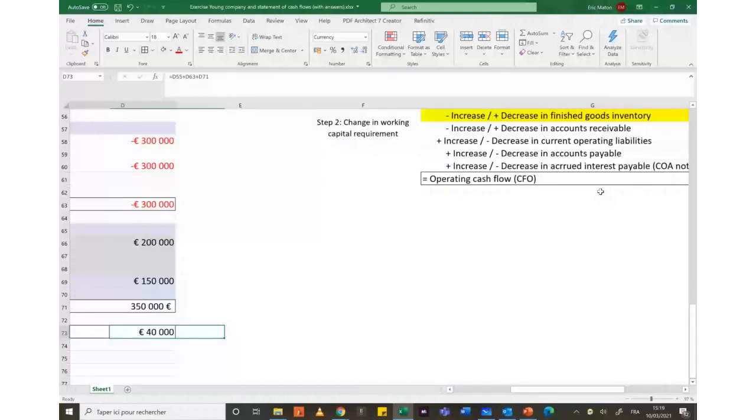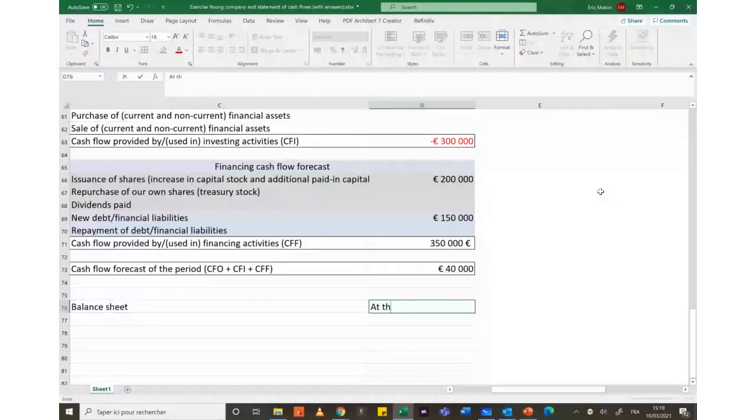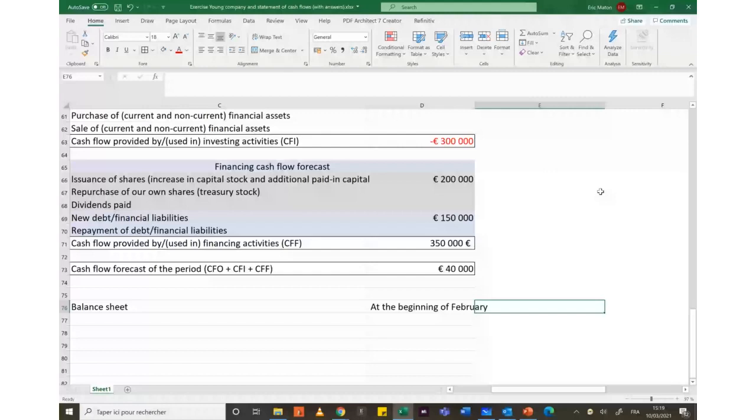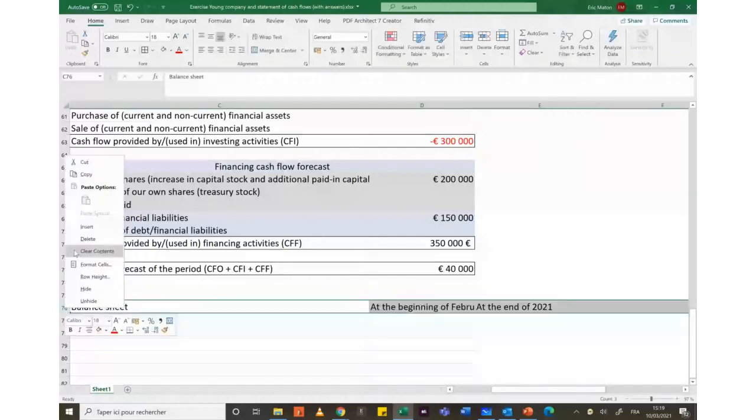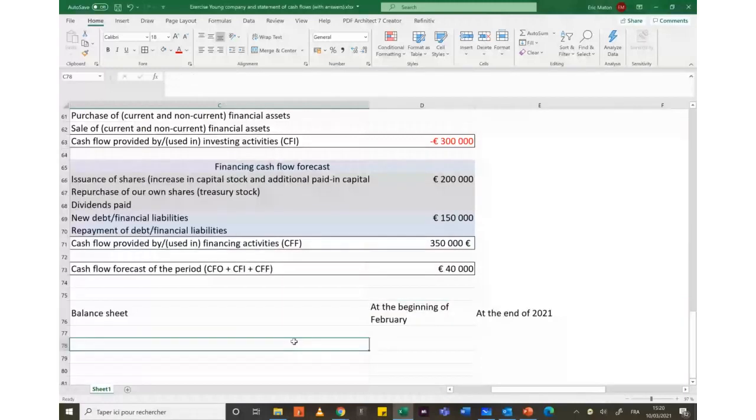So if we create the balance sheet at the beginning of February and at the end of 2021, in this format, we can put the current assets.